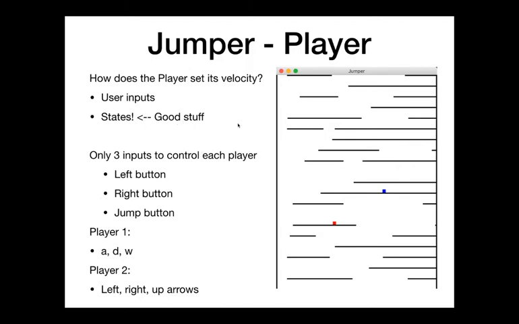And that's the good stuff. This is what we want to talk about today. Most of what we've just reviewed was just saying how the inheritance and polymorphism was applied to get the physics working. Now we want to talk about the states to decide exactly how we're going to set that intended velocity of the player, as the user is hitting these buttons.